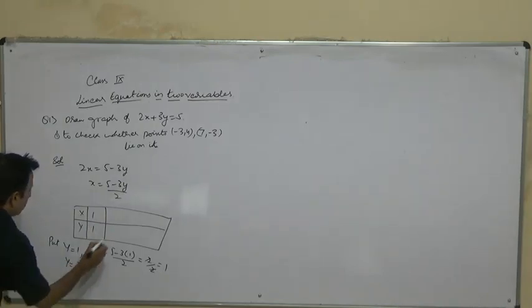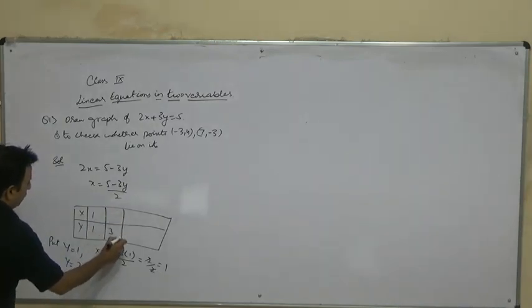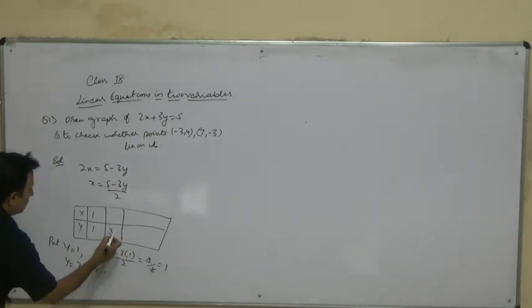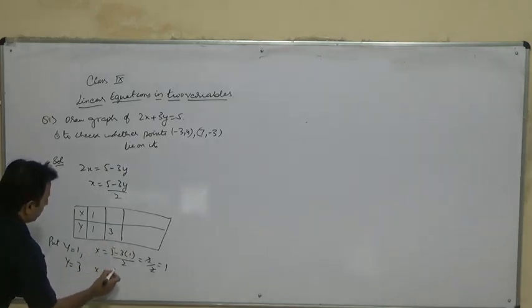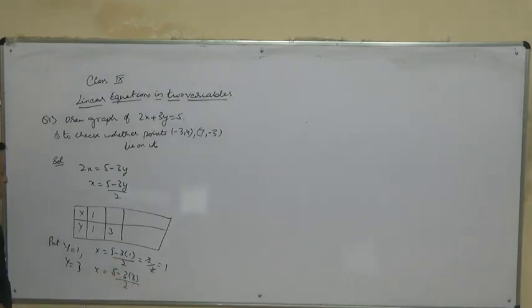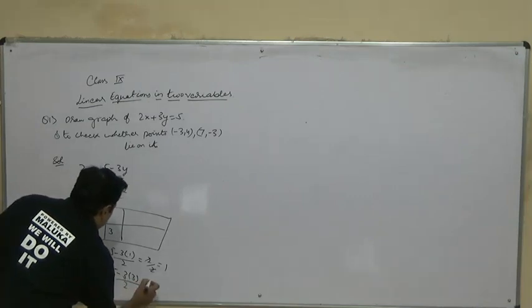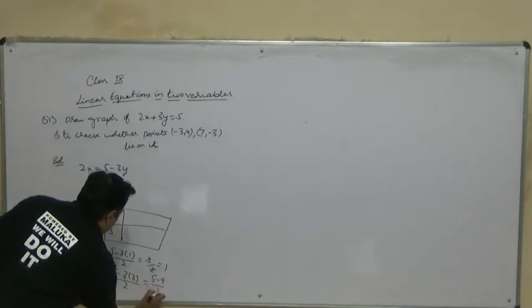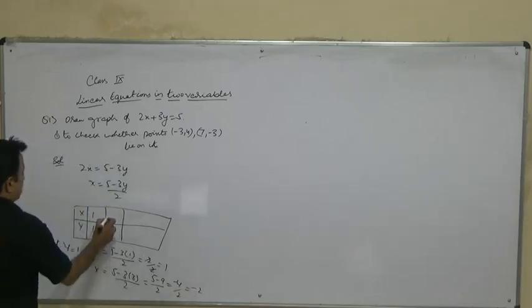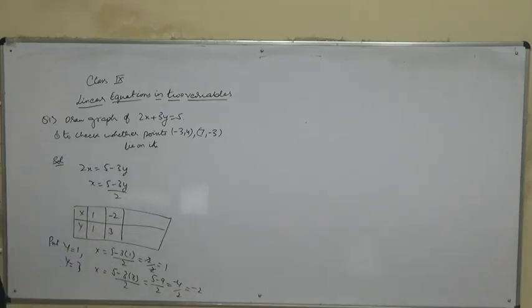Put y is equal to 3. What do we get? x is equal to (5 minus 3 into 3) upon 2. So this will be (5 minus 9) upon 2, minus 4 upon 2, which is minus 2. So this is x is minus 2.